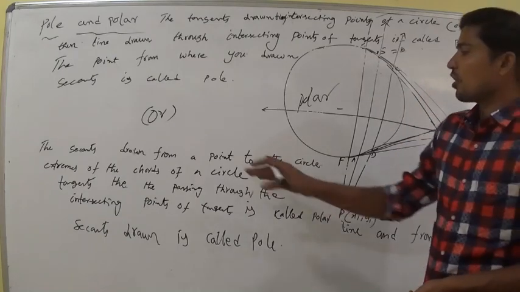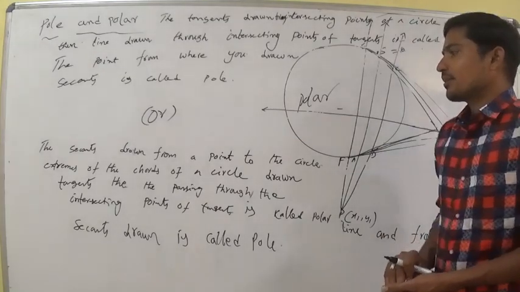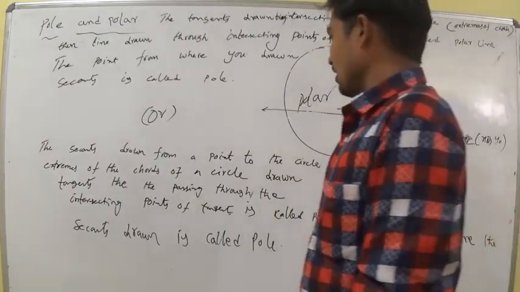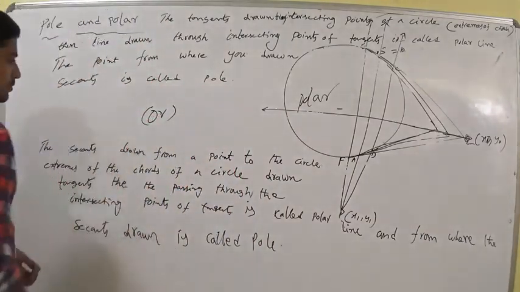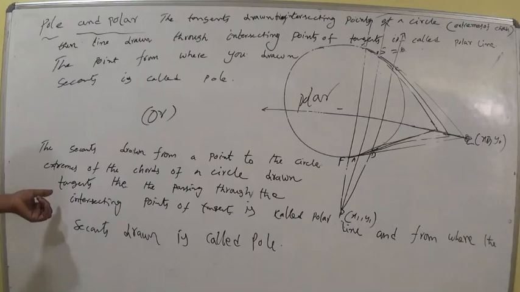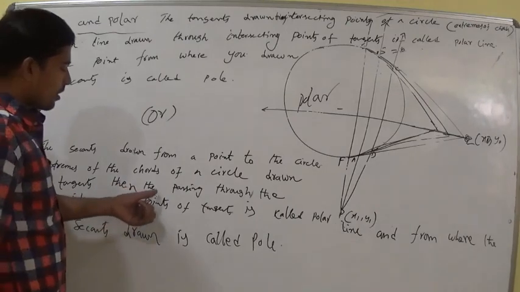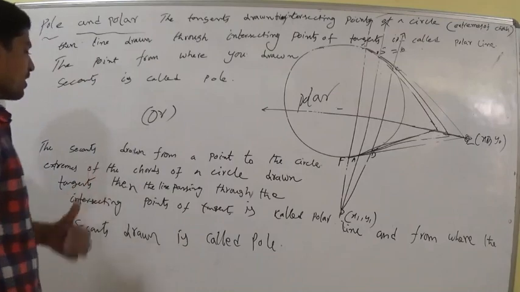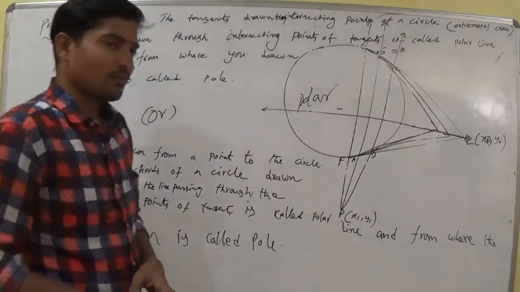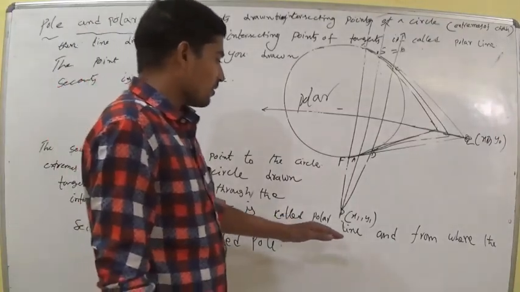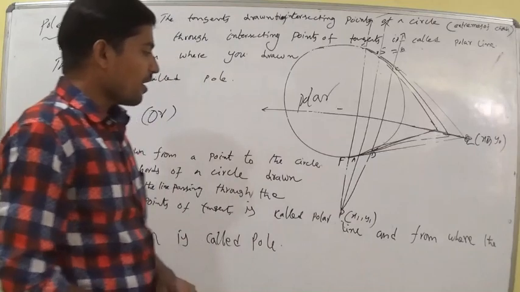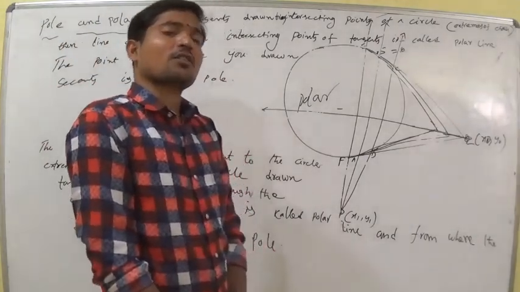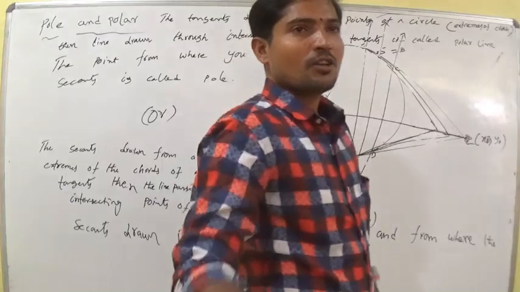Or, secants drawn from a point to the circle, the extremes of the chords of the circle drawn tangents, then the line passing through the intersecting points of tangents is called polar line, and from where the secants are drawn is called pole. That is P, the pole.